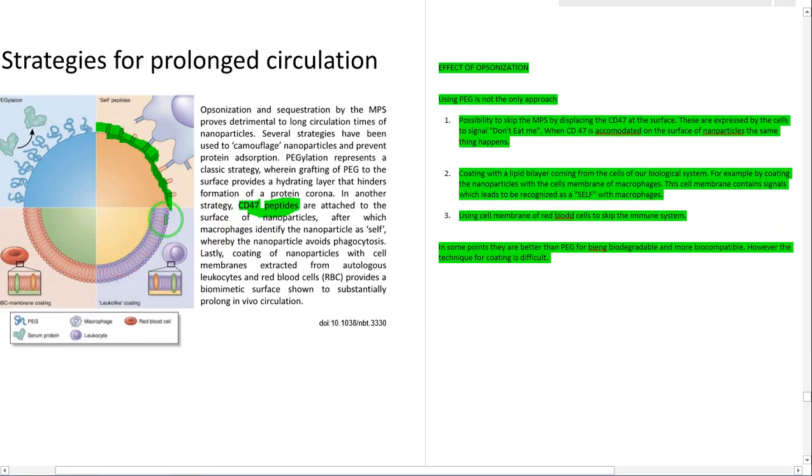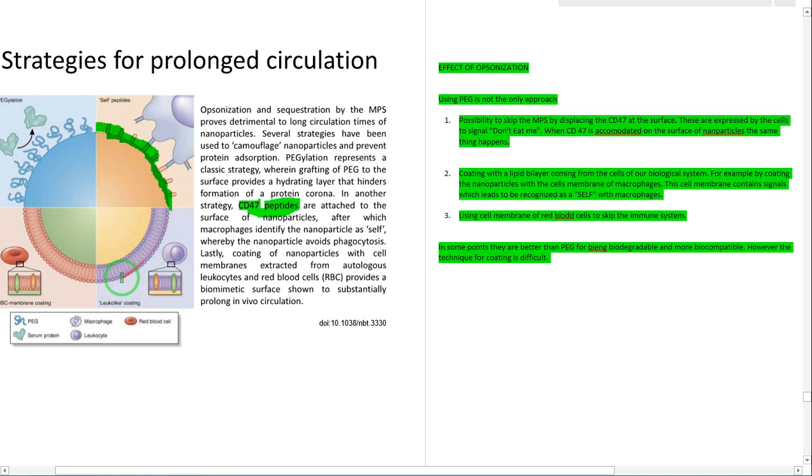Another strategy is to coat the surface of the particles with the cell membrane of macrophages, as you see here. When we use the cell membrane of the macrophages, the body will consider these nanoparticles as being self, as being someone like them, not a different type of person.